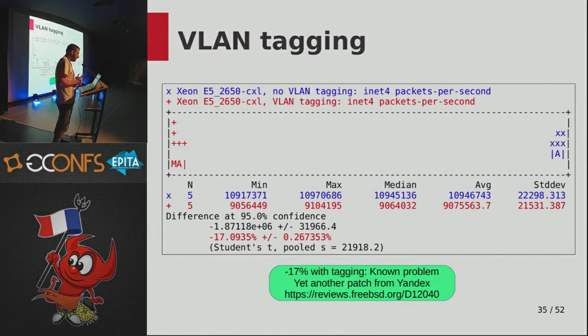But again, it's a known problem, and Yandex has already used a patch on their servers for a long time about this problem. It's regarding the FreeBSD stack. When it gets a tagged frame, it uses a long path for de-encapsulating this frame.